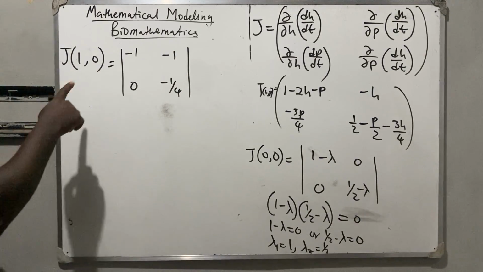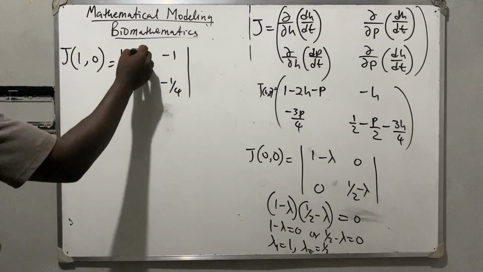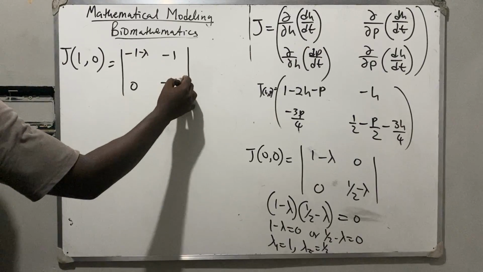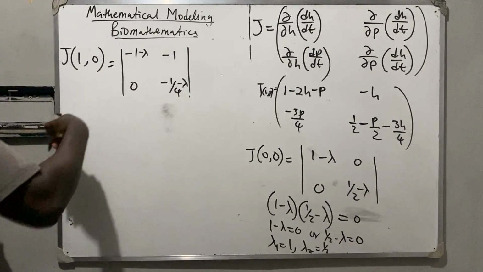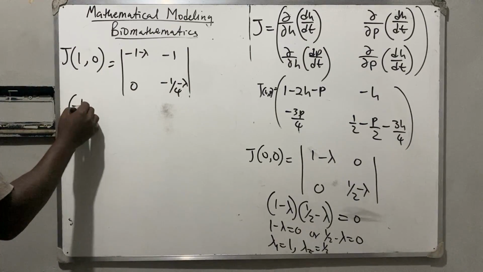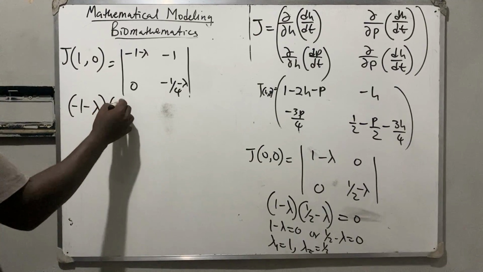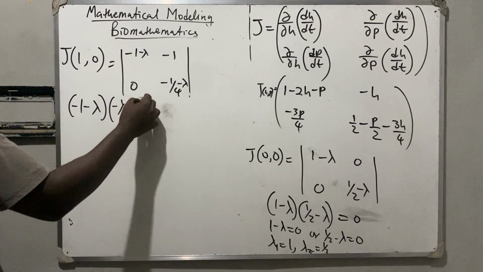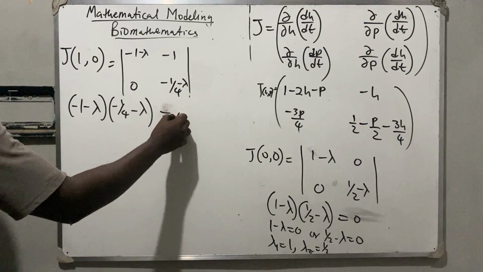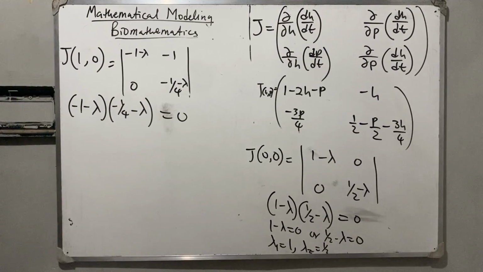Okay, so if you look at this, you are going to put our minus lambda again, and then do our cross multiply to have minus 1 minus lambda times minus 1 over 4 minus lambda, and this time this is equal to 0. When the product of two things is 0, automatically one of them is 0.